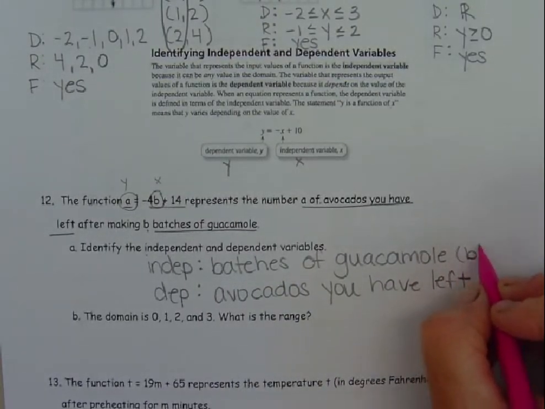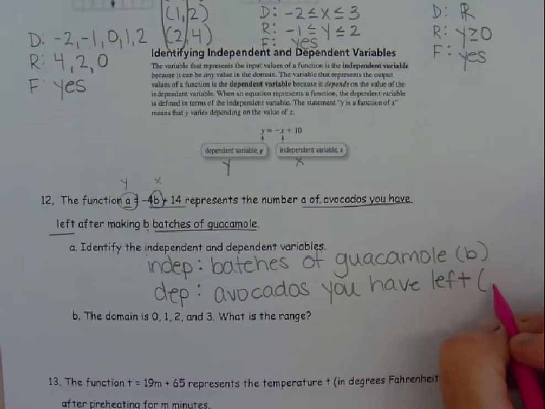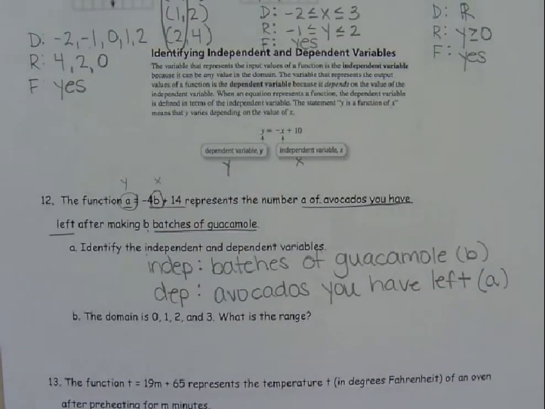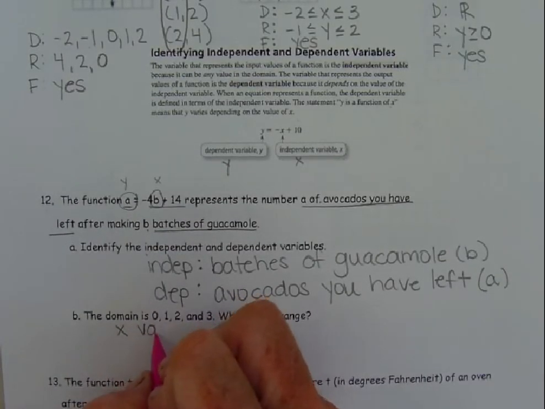So the b, or the batches of guacamole, is your independent, and the a, or the avocados you have left, is your dependent.